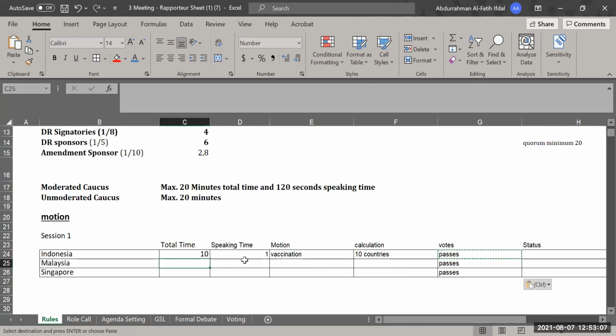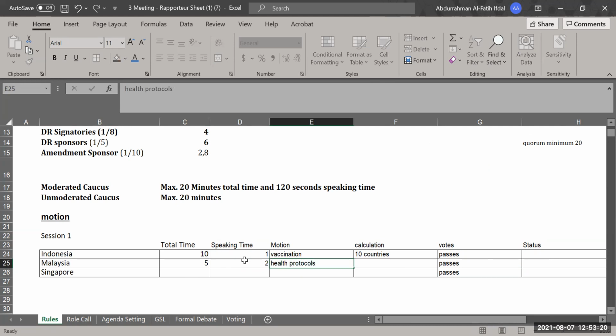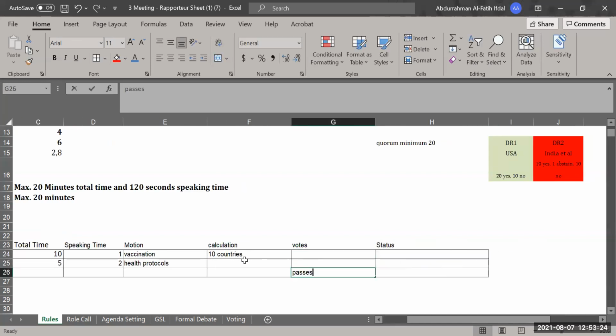Now Malaysia has, for example, 5 minutes total time, with 2 minutes speaking time each to talk about health protocols. I'm just going to skip the vote first.